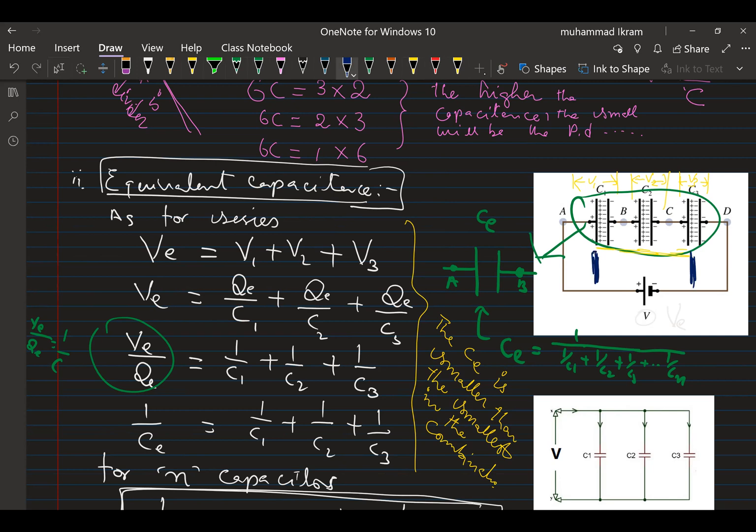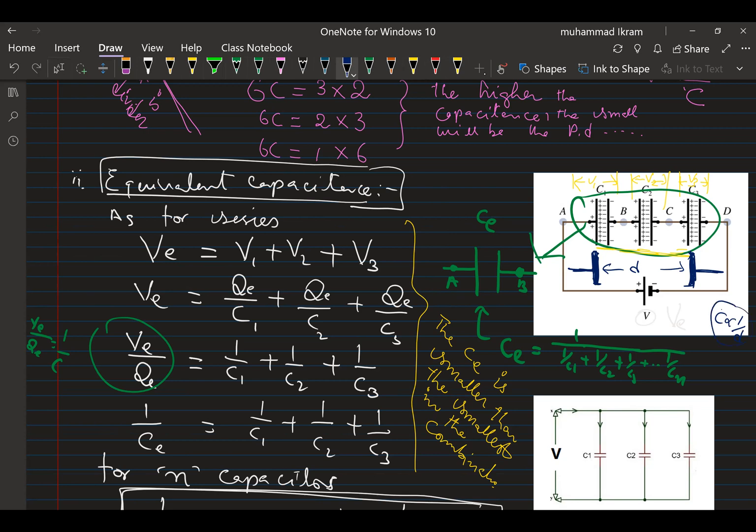The area of the plates did not change. Which thing has changed? D. And you know that C is inversely proportional to D. If you increase the distance, capacitance decreases.